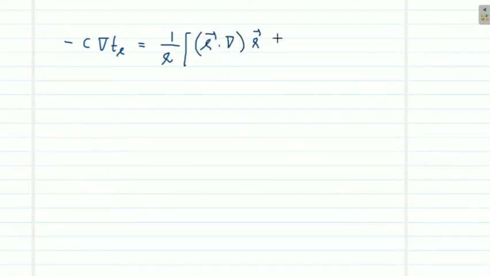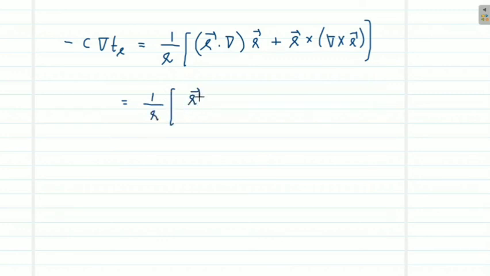So we have minus c into del tr, which is equal to 1 by r into r bar dot del of r bar plus r bar cross del cross r bar, to be equal to 1 by r into, the first term was found to be r bar minus v bar into r bar dot del tr, and the second term is r bar cross, for del cross r bar we have got from equation 8d v bar cross del tr.